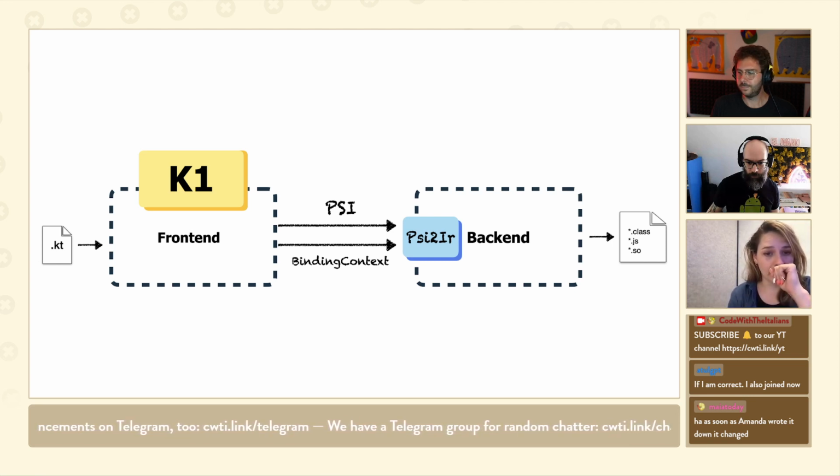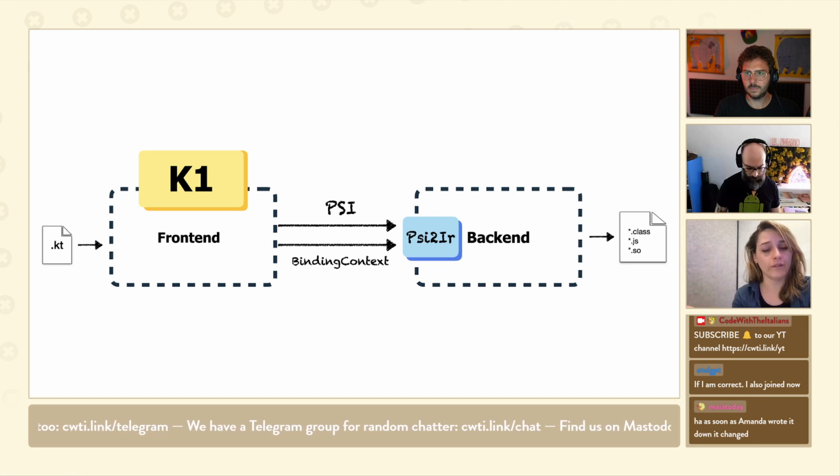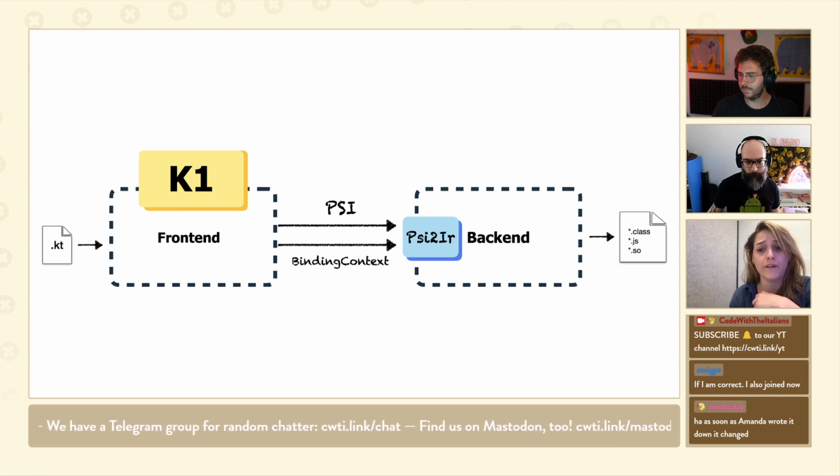When we do that with K1, we start with this PSI to IR step, which transforms all this into IR. Some of the issues around this were that it killed a number of JIT optimizations, because the descriptors were lazy, and the compiler always had to make jumps between different parts of the code.